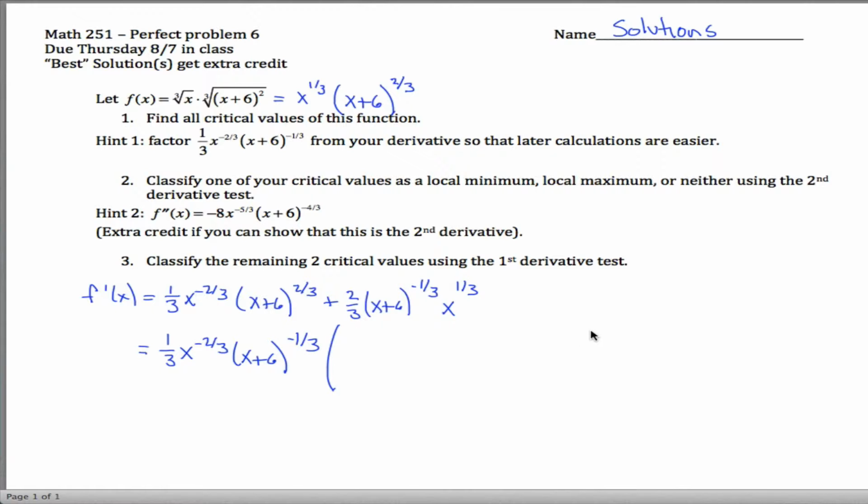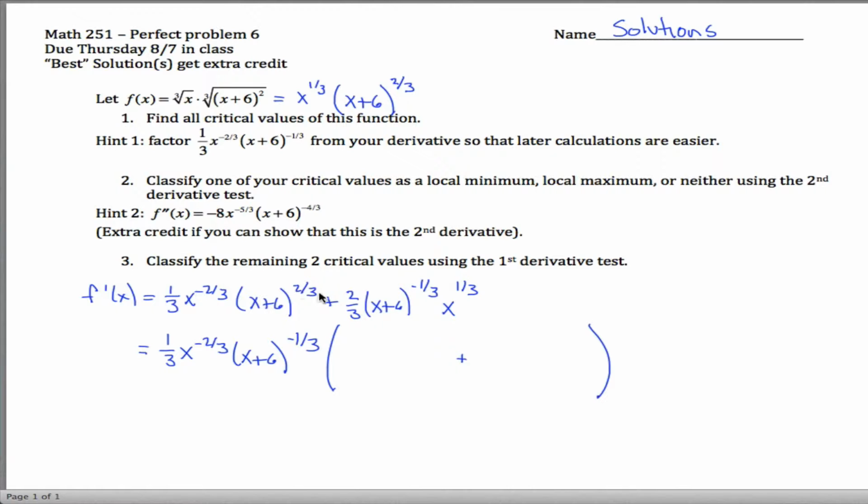If you do that, you'll have stuff left behind. I've got two terms, so I'll have stuff on this side and stuff on this side. What will I have left? Let's look at this first term. The 1/3 is gone, I pulled that out. The x to the negative 2/3 is gone, I pulled that out also. I used to have (x plus 6) to the 2/3 power, but I factored out (x plus 6) to the negative 1/3 power. So I used to have 2/3 of these things and I took away negative 1/3 of these things.